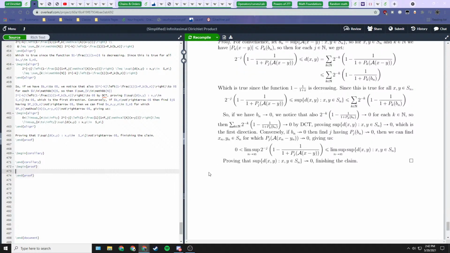And what we're going to do as our corollary, we'll start with Cauchy sequences.